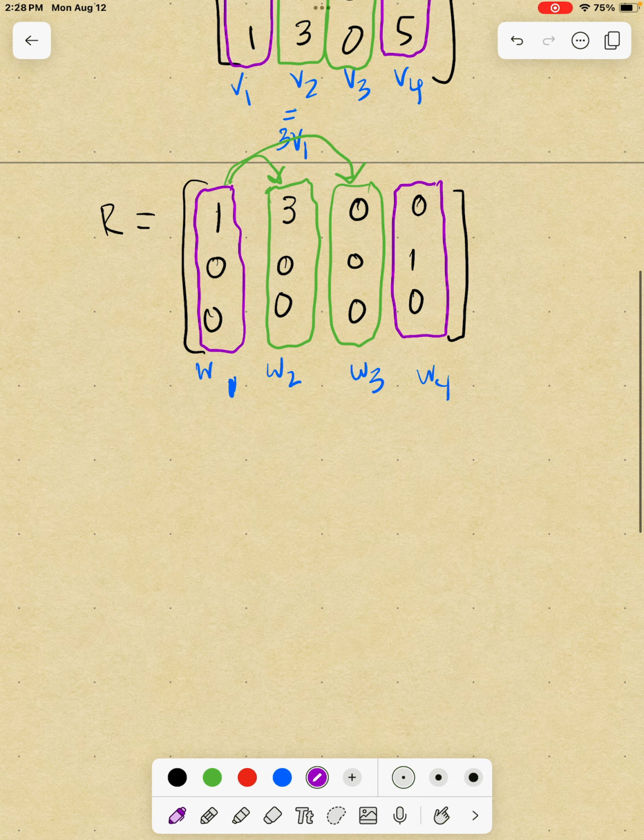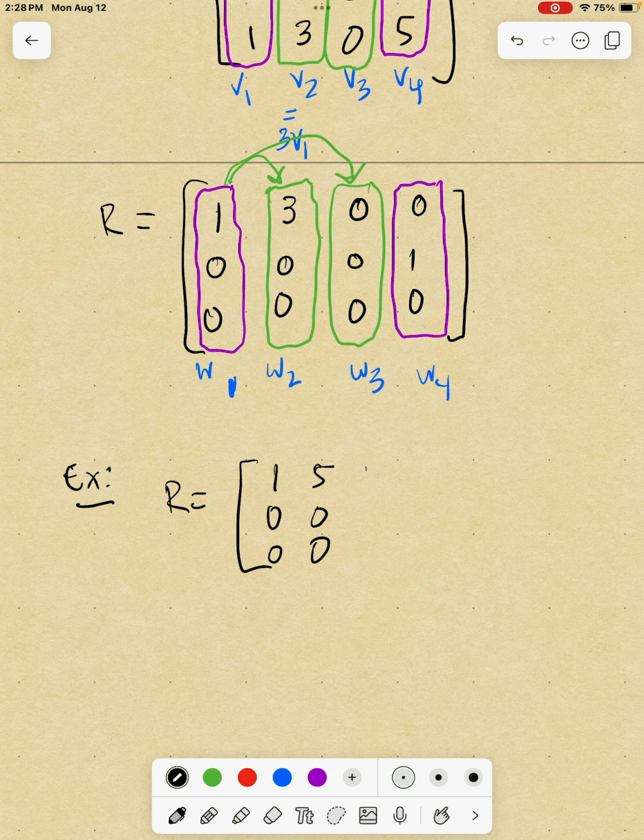So for instance, let's say that your reduced row echelon form was 1, 0, 0, 5, 0, 0, 0, 1, 0. Well, you don't know what your original matrix A is, because A could be lots of different things.